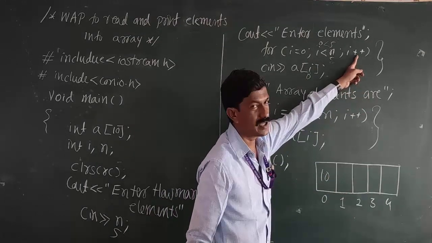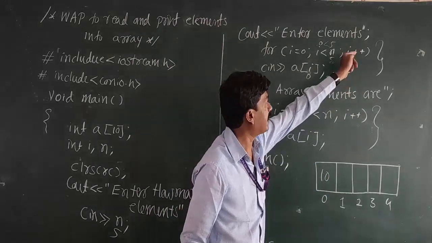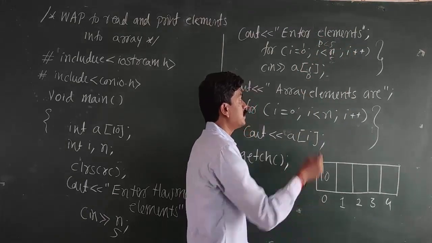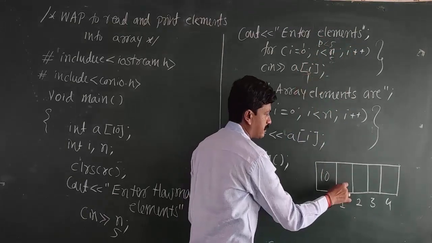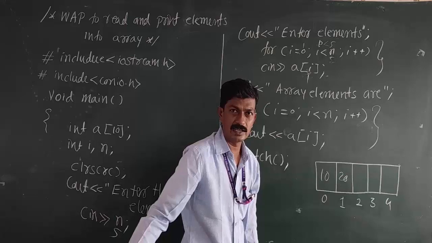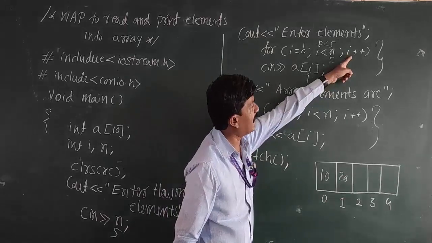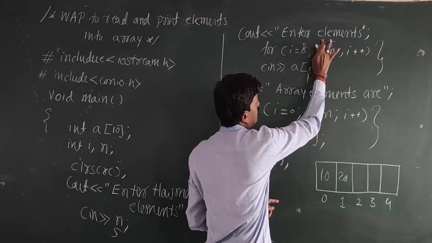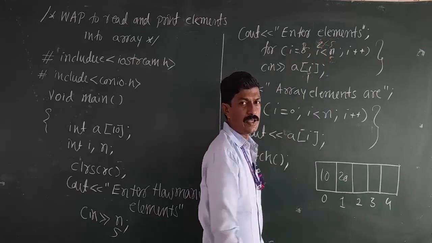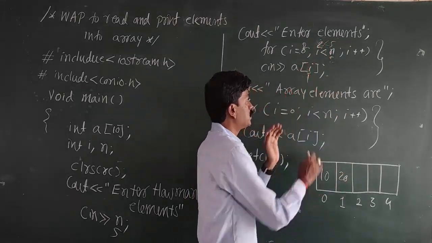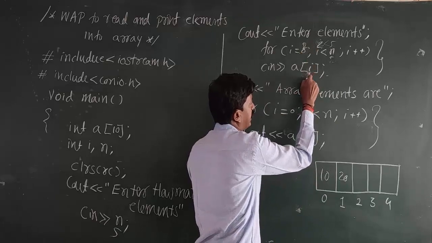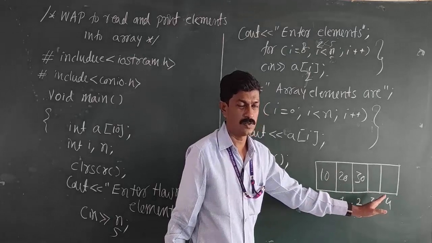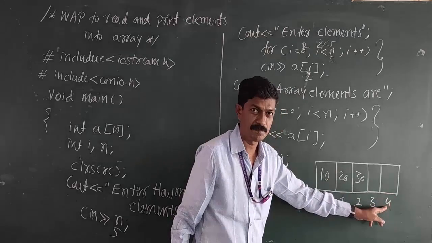Now i plus plus, i is incremented and becomes 1, which is less than 5, the condition becomes true, enter the loop, and at index 1 it reads the second element. Again i is incremented and becomes 2, which is less than 5, the condition is true, and at index 2 it inserts one more element. This goes on to the last index of this array.